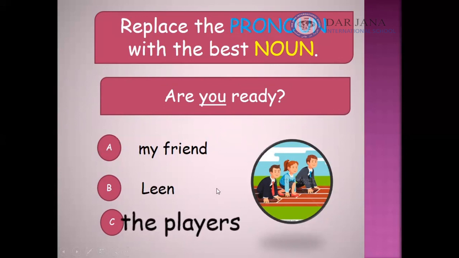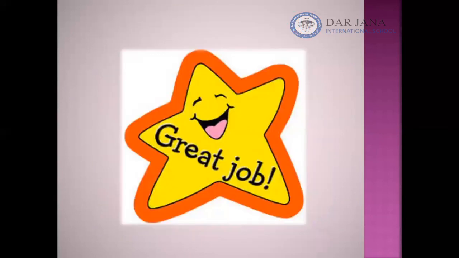Are the players ready? Okay, so let's just do a quick revision. Remember, a pronoun takes the place of the noun. He replaces a boy. She replaces a girl. It replaces a thing or an animal. Okay, we replaces someone else plus yourself.